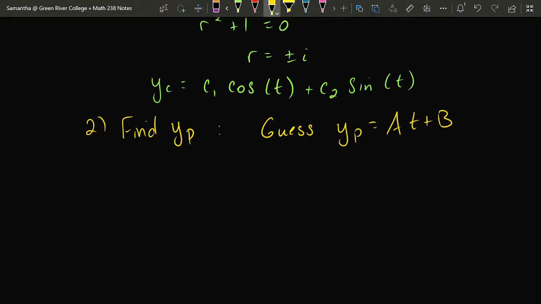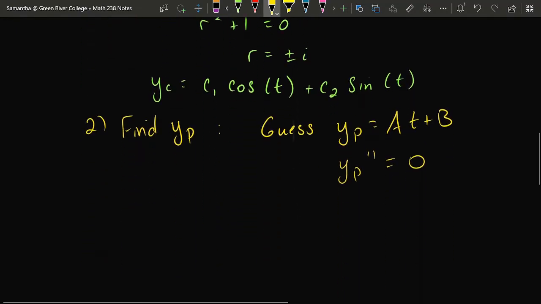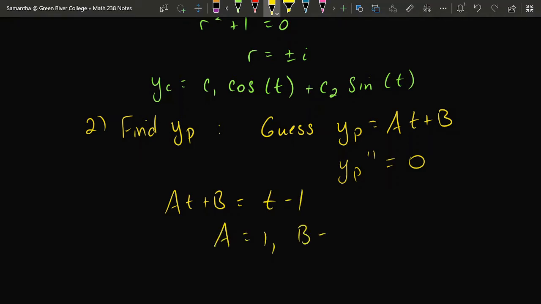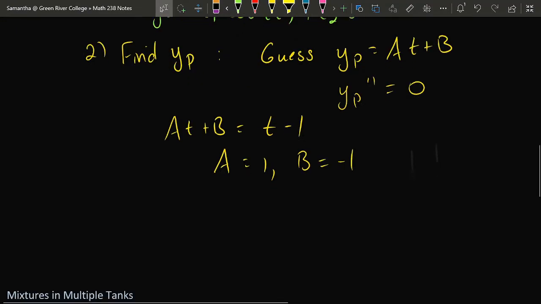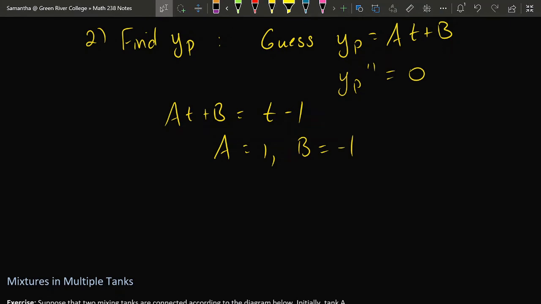Now for a linear equation, the second derivative, the concavity, is 0. So if I plug that guess into my differential equation, I get at plus b equals t minus 1, which forces a to be 1 and b to be minus 1, which forces y particular, in this special case, to be exactly equal to the t minus 1 on the far right side of our original problem.